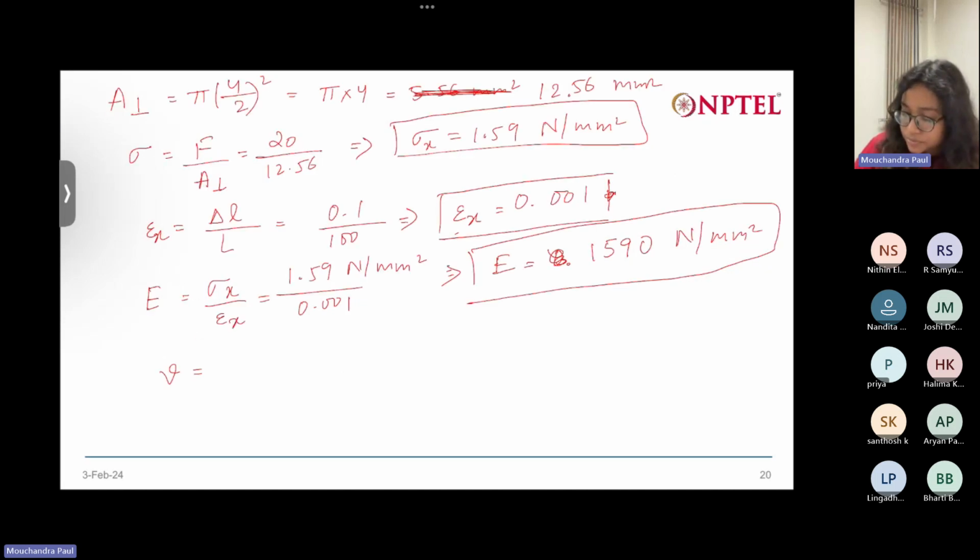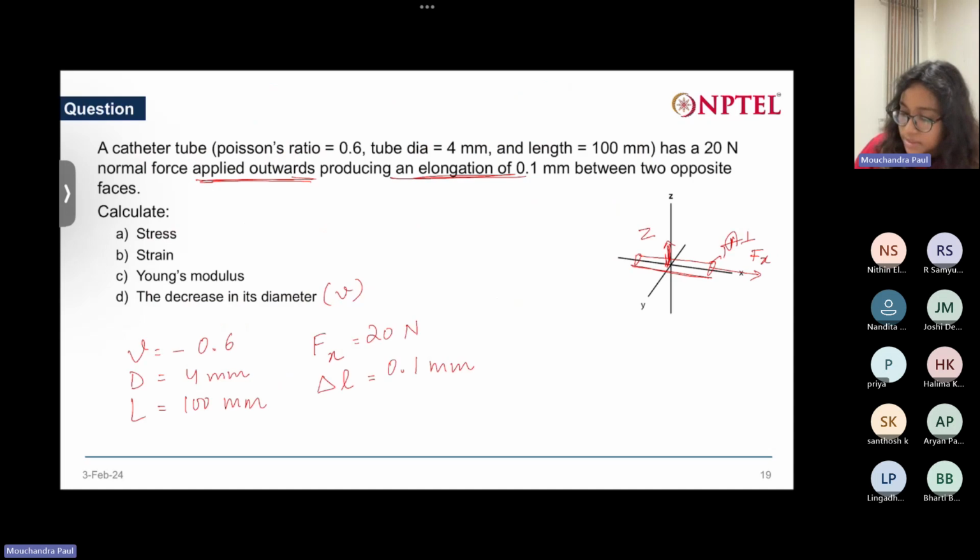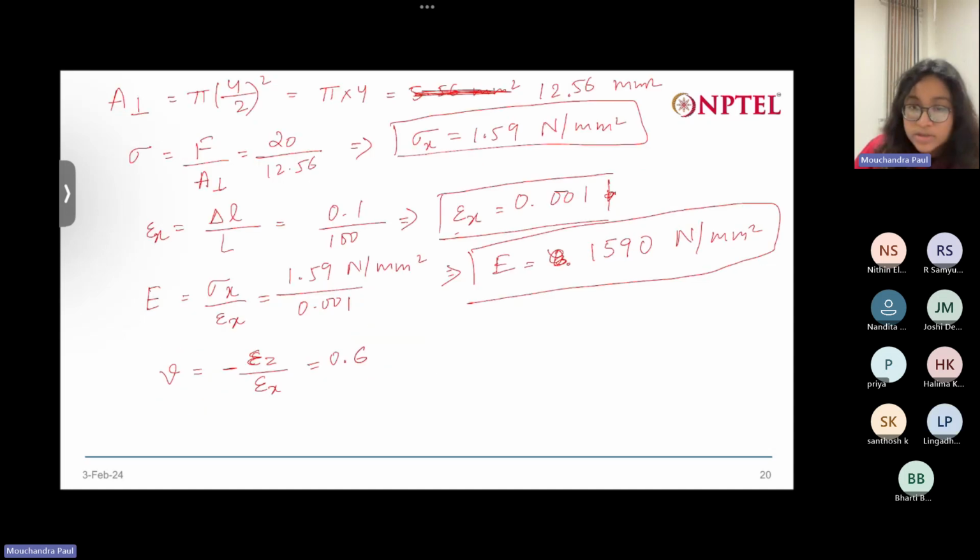So it will become epsilon z by epsilon x, and we know it is equal to 0.6. Poisson's ratio is given to us, and we've calculated the value of epsilon x. So what will be the value of epsilon z?